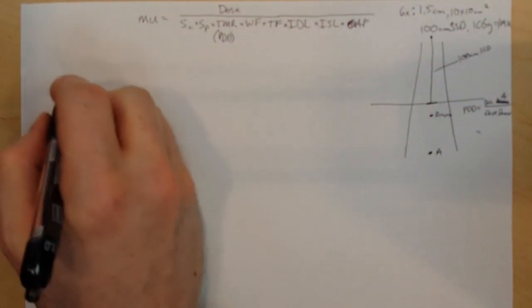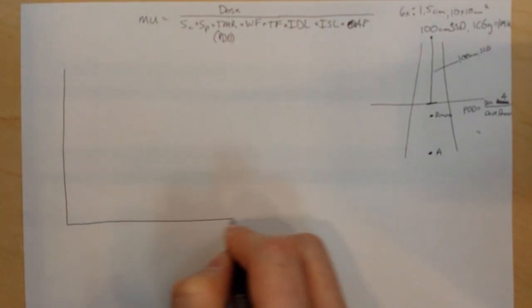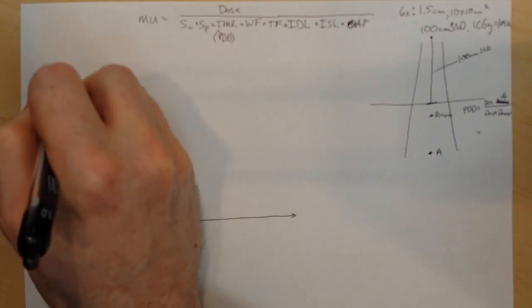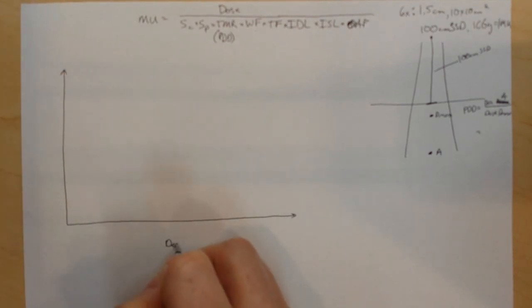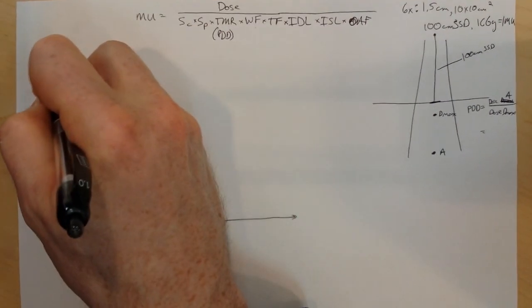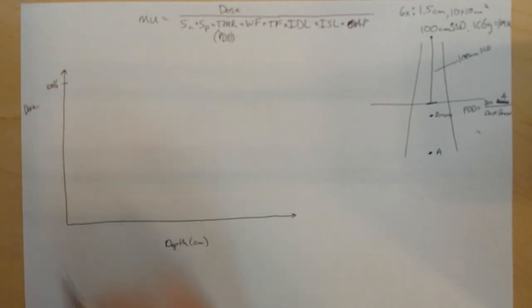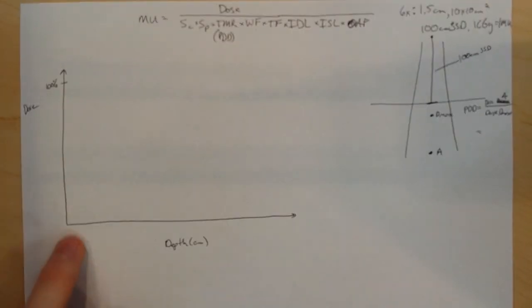Now, let's draw this out. This is going to look very similar to the build-up discussion that we had the other day. Let's take 6X right now. Okay, so I have 100% dose.